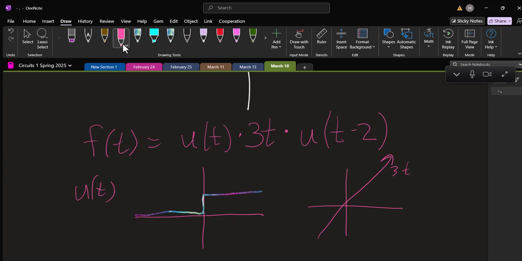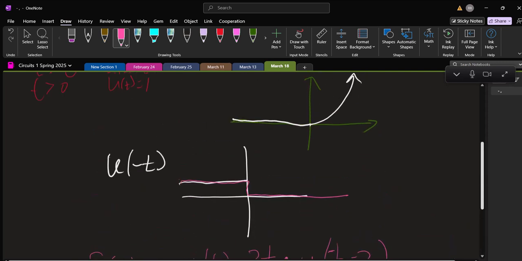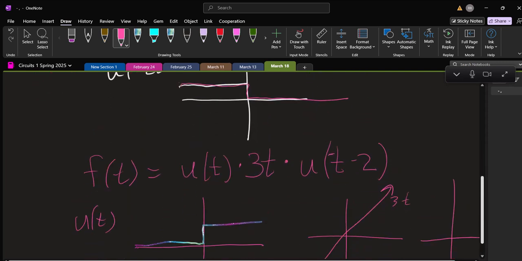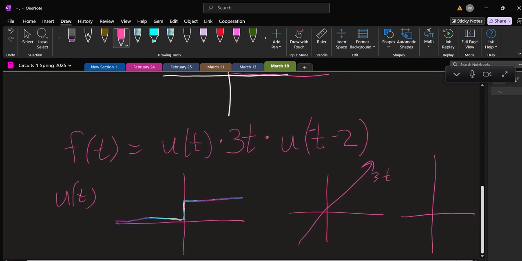Oh, I meant to say u of minus t minus 2. U of minus t minus 2. So u of minus t is the one that we did right here, but u of t minus 2 shifts that one to the right by 2.